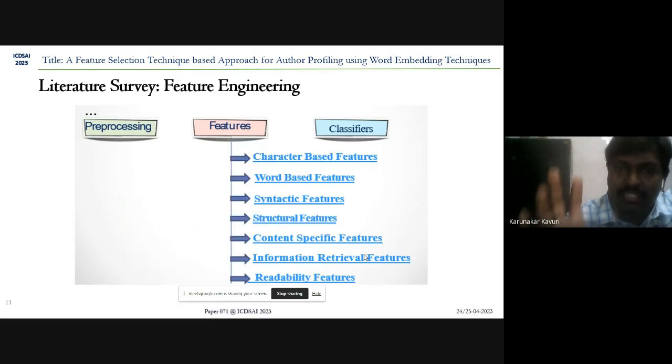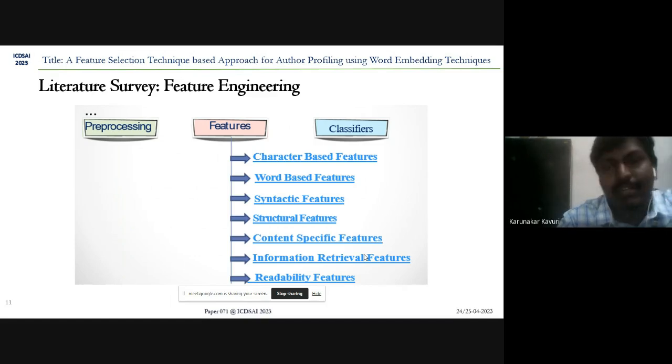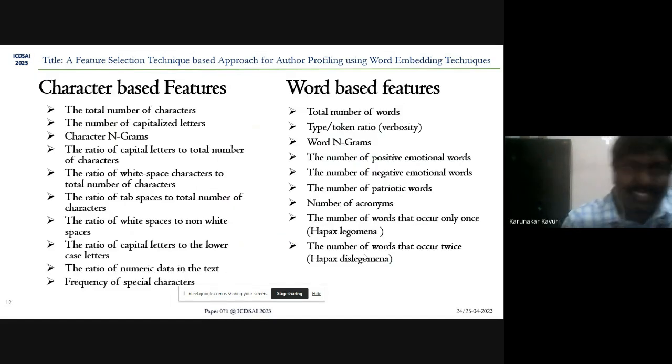Later on, what are the different types of features? Previous researchers worked on word-based features, syntactic features, structural features, character-based features, stylistic features, and a number of others. Now I am also working on content-specific features, and I will tell you what modifications I made to the content-specific features. So these are the different types of features.